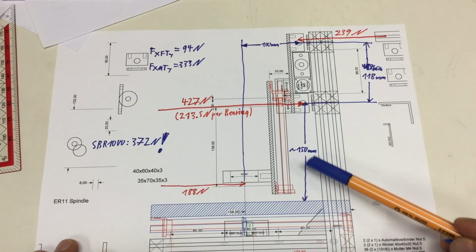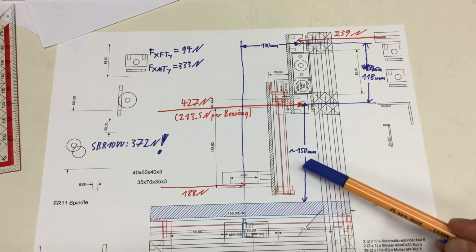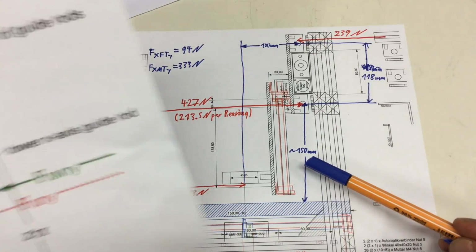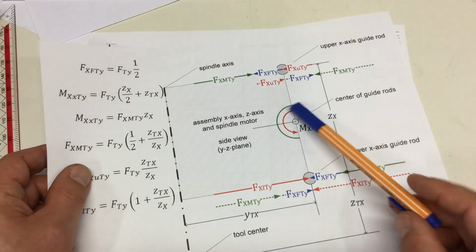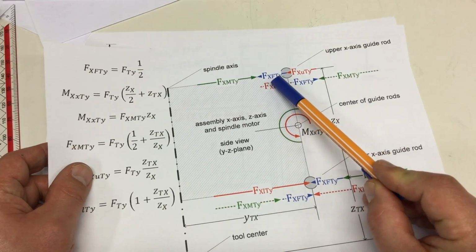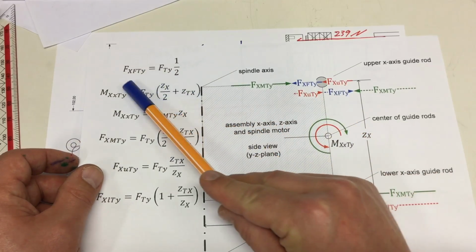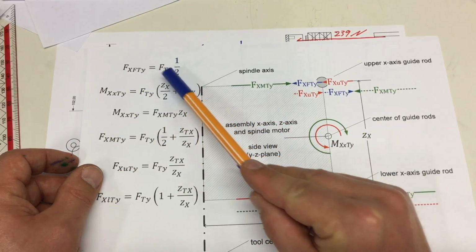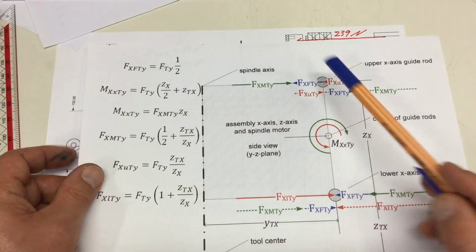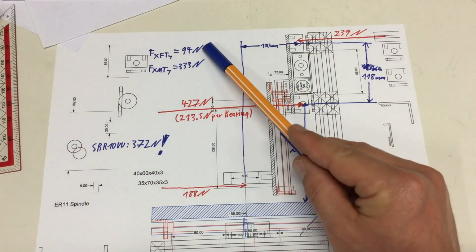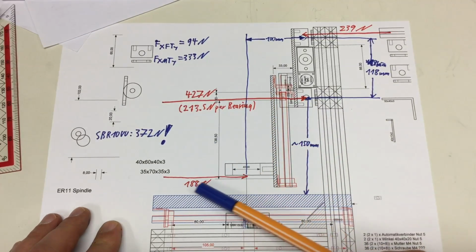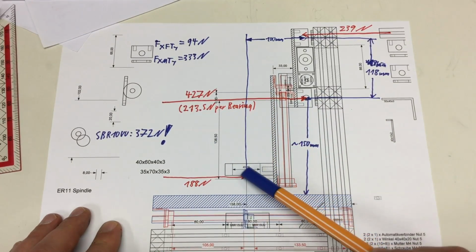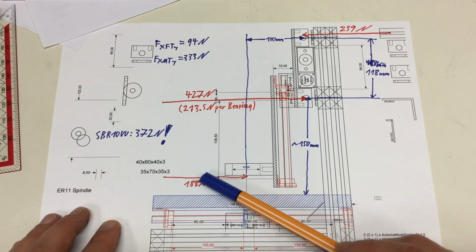And if I put that into our formula, then I get for the blue ones, FXTY, which was simply half the force on the tool, our cutting force, 94 newtons, and my maximum cutting force I plan for this machine is 188 newtons here on the axis.